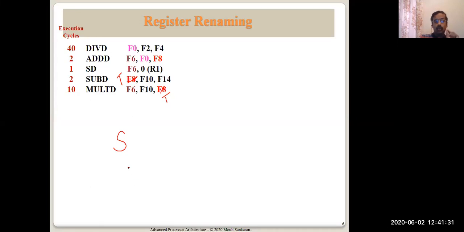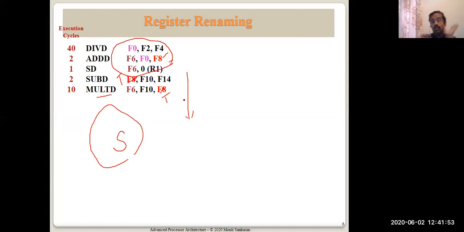I don't want this multiply to depend on this F6, so I want to avoid that dependency. That way the 40 cycles of DIV-D only block these two instructions, and nothing below, at least for now.